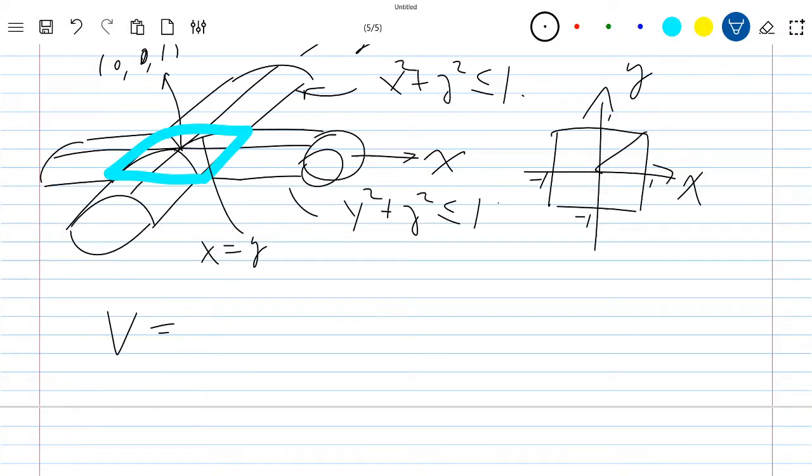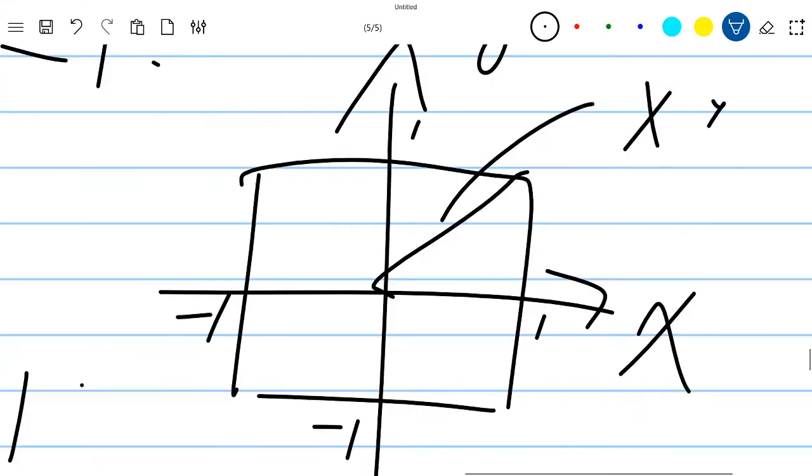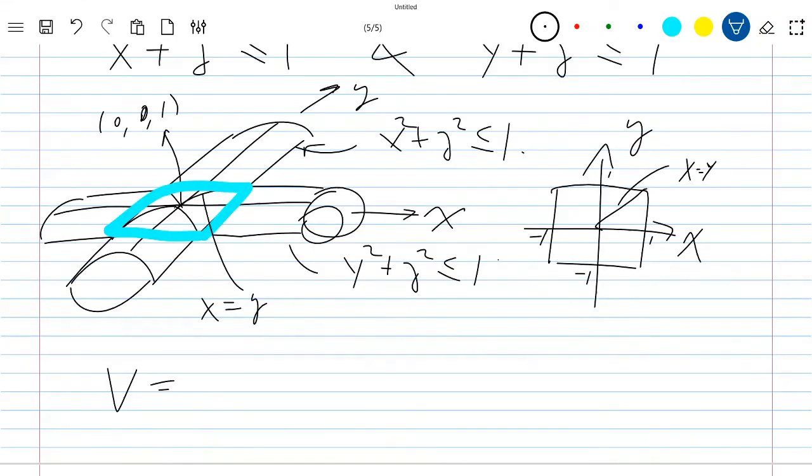And this line is x equal to y. So we can divide this entire thing into 4 quadrants, and actually octants, because z also has an upper half and lower half.